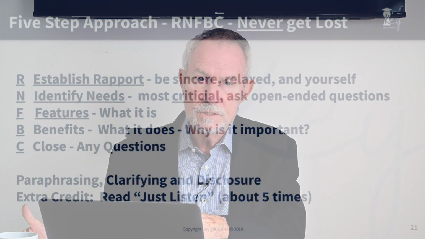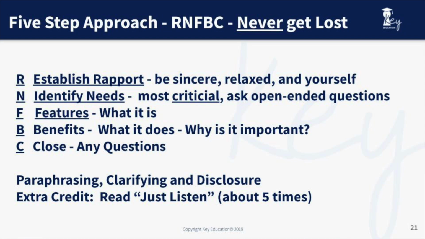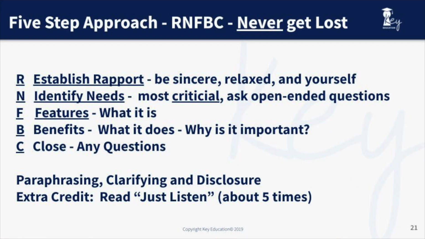What are the programs and services that you have to offer them that will help them get where they want to go? The next stage after benefits is close. Simply asking for a decision. Don't be afraid of it. We're going to show you how to do it. It's pretty simple. So you have rapport, needs, feature, benefit, close.